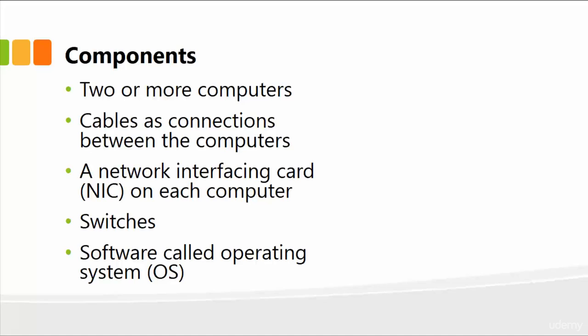We also need a software component called the operating system. So for instance, Windows 8, Windows 8.1 is an operating system. You may have an operating system called Mac OS if you have an Apple computer, for example, or a Linux operating system, a Unix, and so on.